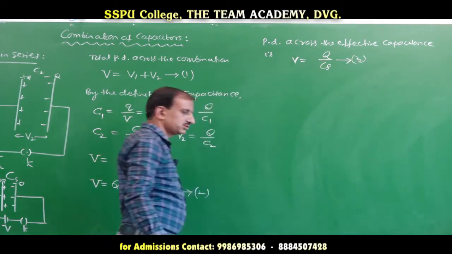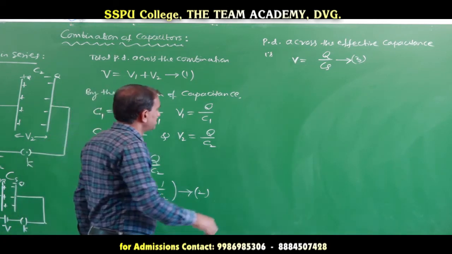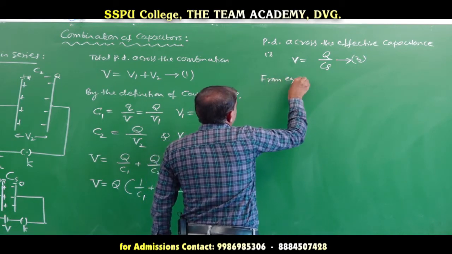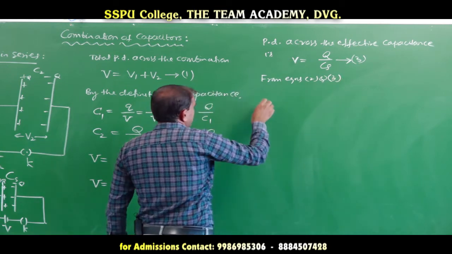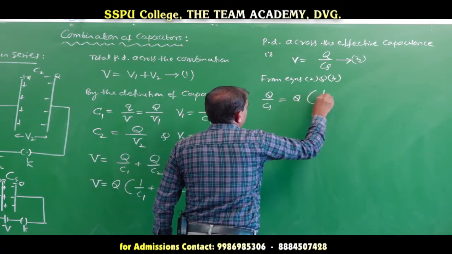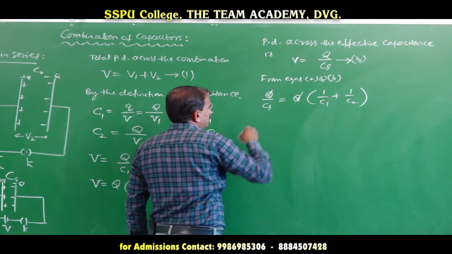From equations 2 and 3, we can write Q by Cs is equal to Q into 1 by C1 plus 1 by C2. This Q cancels.